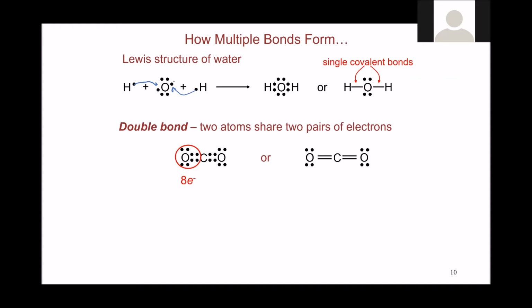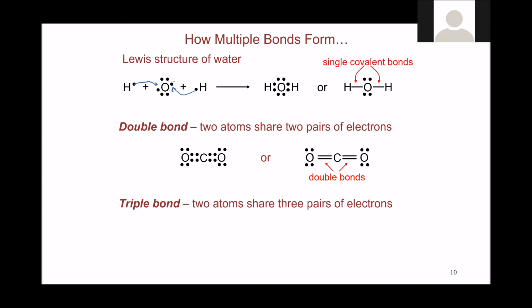So you can see here for carbon dioxide, oxygen needs to form 2 bonds with carbon in order to have 8 electrons. And same thing for the second oxygen. And it's the same thing for the middle carbon atom as well. It might even be 3 bonds that are needed for octet rule satisfaction. That's the case for nitrogen, for example. So it needs 3 electrons to be shared between the 2 nitrogen atoms just to reach the octet rule, 8 electrons in the valence shell of both of them.